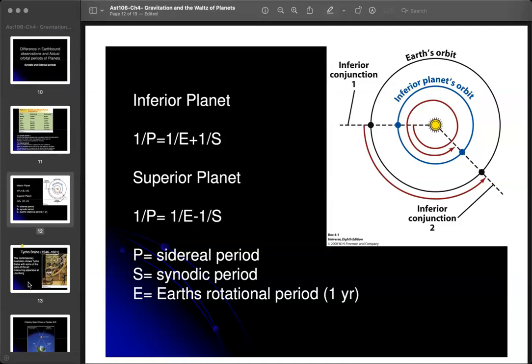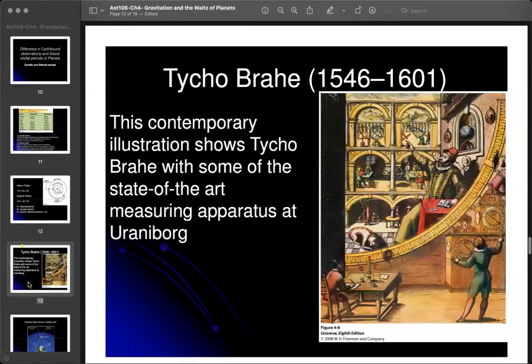Let's talk a little bit more about the history of how our understanding of astronomy developed. So one of the big contributors in the understanding of astronomy was Tycho Brahe, and he lived from 1546 to 1601. He was someone like a big researcher, a big professor.